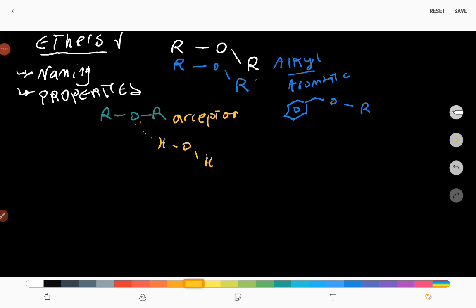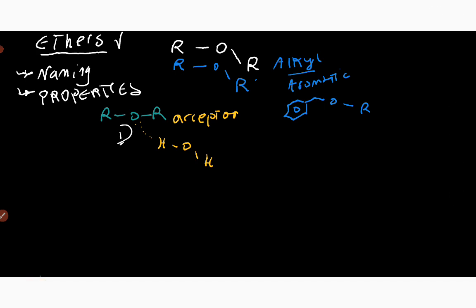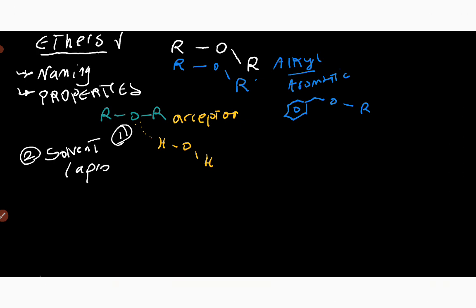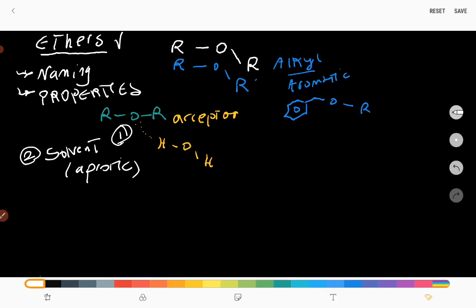Another property of ethers is that they can act as solvents, especially aprotic solvents. Aprotic solvent means that when you don't need the protic property of a solvent like water, a solvent that can form hydrogen bonds, you can use the ethers.